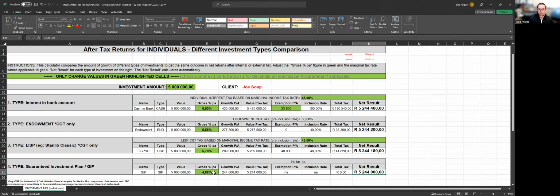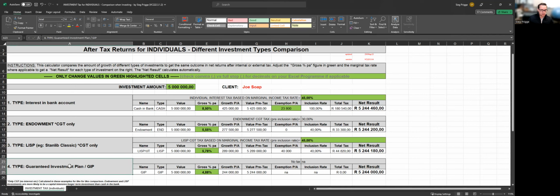So what is the final result? By the way, none of these investments are specifically better than anything else. It depends on a lot of factors, and that's why I suggest you talk to a professional that takes these factors into consideration for your specific situation. So in this case, a guaranteed investment plan will give you the best results with the lowest return.